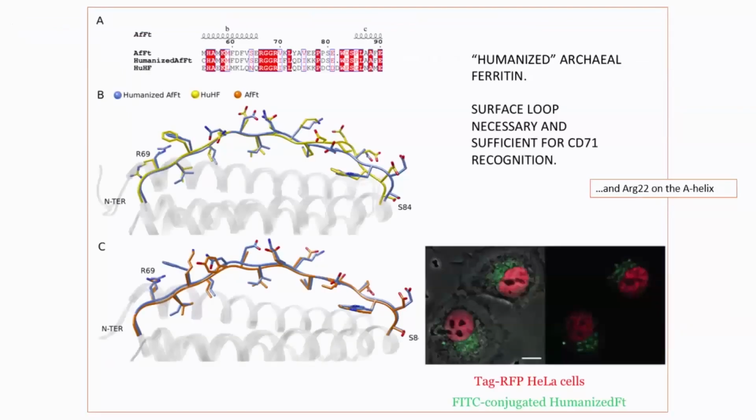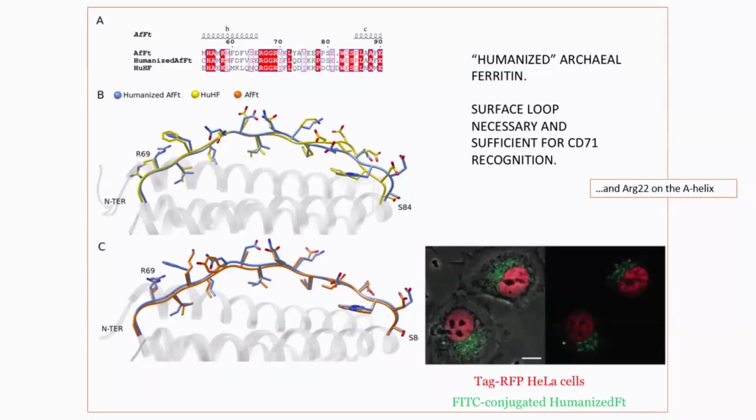And as we solved the structure, we observed that the structure of the loop, this is the humanized ferritin, this is the human heavy ferritin, this is the original molecule. The structure is extremely similar, I would say identical in the loop. These are the changes we introduced to mimic the human ferritin on this loop. And this is actually the superimposed structure of the original ferritin and of the humanized one.